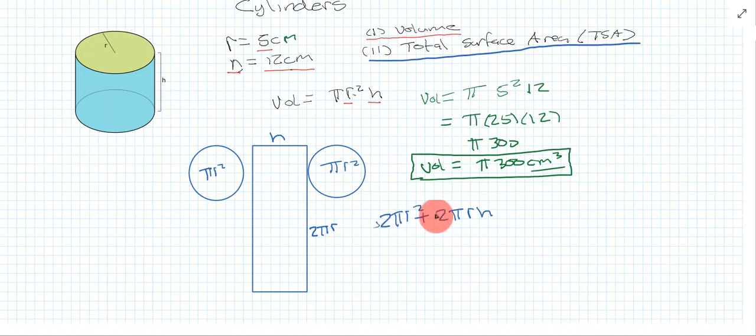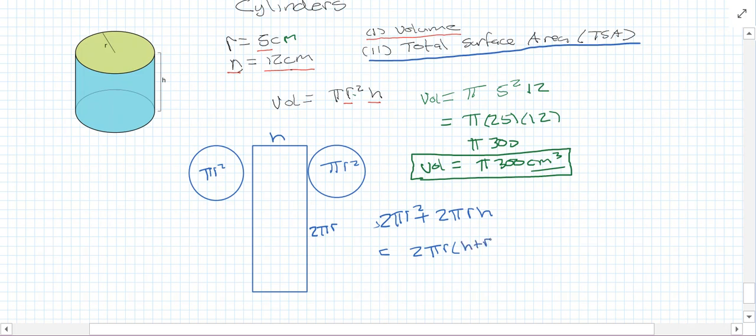We can combine this into a simpler formula: 2 pi r multiplied by height plus r. We can use this formula to get the total surface area.